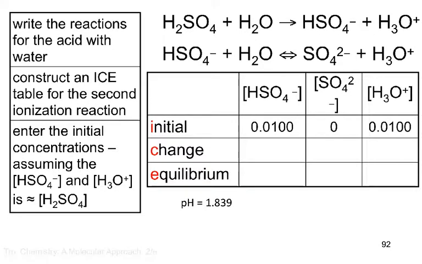There we go. Look, 1.839, 1.84. So again, you can see that the second ionization did change that concentration from 0.0100 to 0.0145. So significant change. You need to take it into account with sulfuric.